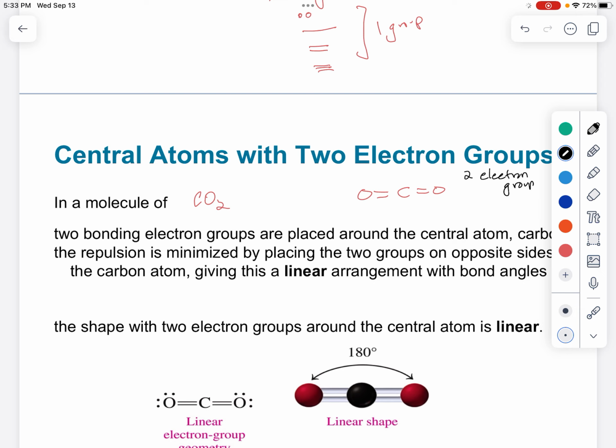And the farthest apart this oxygen and this oxygen can get away from each other, because there's electrons there, is 180 degrees. There's no further apart that they can get. And so we call this shape linear, because the 3 atoms, the 2 oxygens and the carbon, form a line.